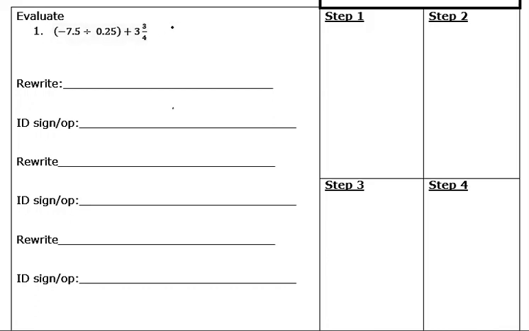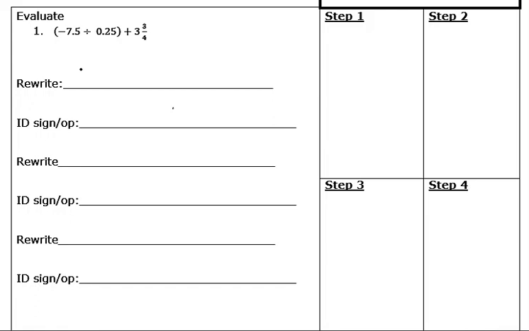So first thing I want to do is rewrite this. When I rewrite a problem, I do not like to have a mixture of decimals and fractions. I like to decide, am I going to use decimals or am I going to use fractions? In this case, I'm going to stick with fractions because 7.5 easily becomes 7 1/2 and 0.25 easily becomes 1/4.